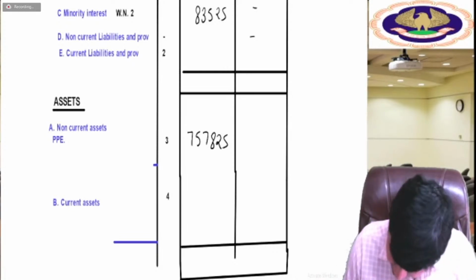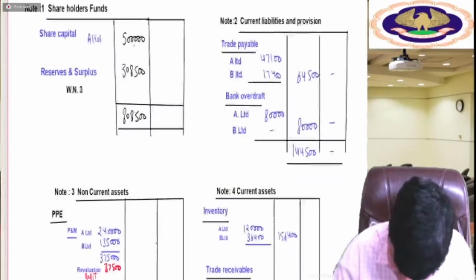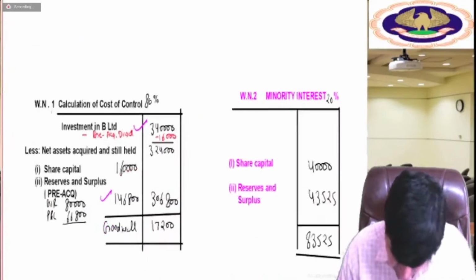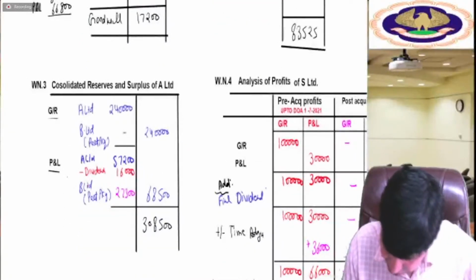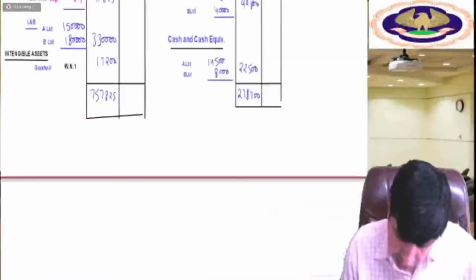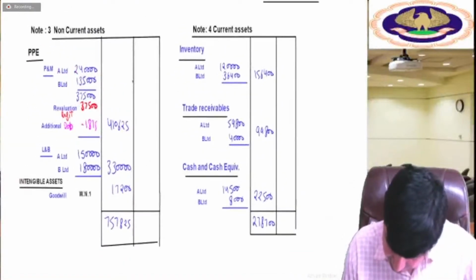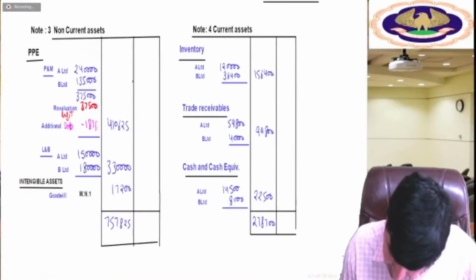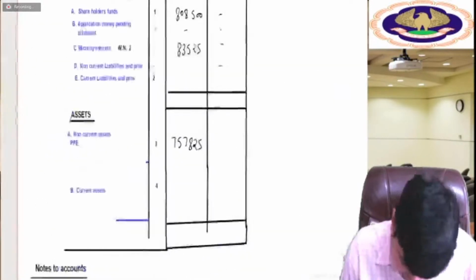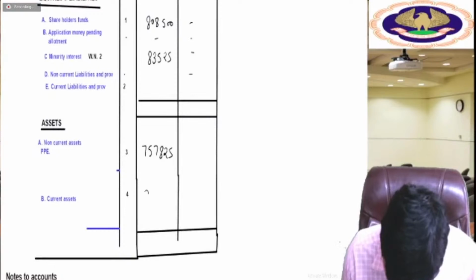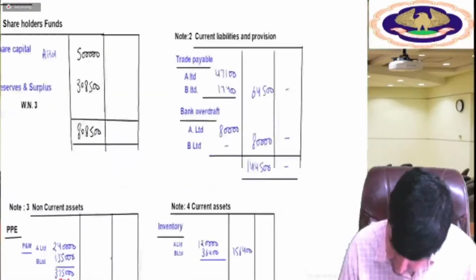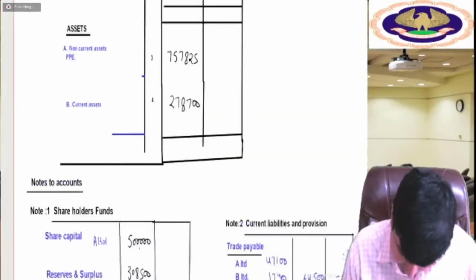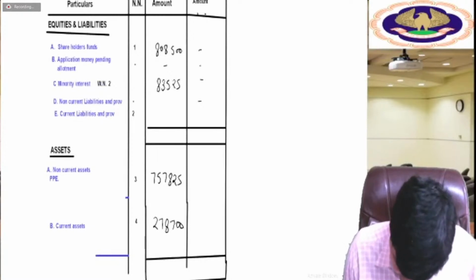Now, is there any pendency regarding the working notes? First check working notes, then notes to accounts. Goodwill posted, minority interest posted, consolidated reserve and surplus posted, analysis of profit posted. Now coming to the notes to accounts, non-current assets posted, current assets are there to be posted: 278,700. And current liabilities are also there to be posted: 144,500.